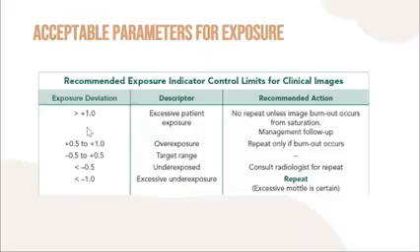The deviation is increased, or there is too much increase. If it is between 0.5 to 1.0, which is still within the exposure range and at the upper margin of the exposure range, with a deviation of plus 0.5 to 1.0, that is half to twice, it is still overexposure, and you only repeat if the image is saturated or burnt out. The target range is negative 0.5 to positive 0.5 of exposure deviation.